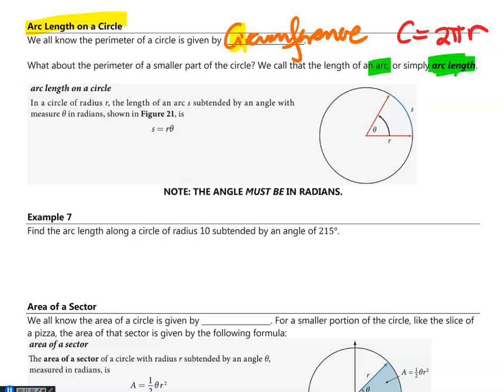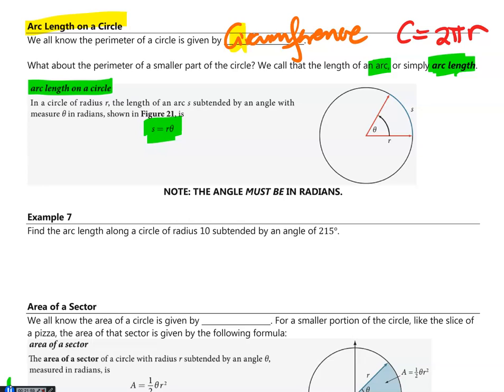Arc length on a circle: in a circle of radius r, the length of an arc subtended by an angle with a measure theta in radians, shown in figure 21, is equal to this. And note that the angle must be in radians.